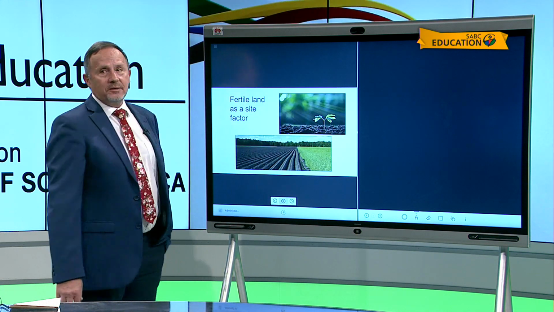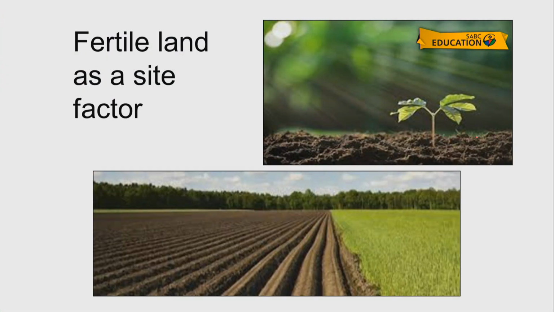The third reason is the word fertile. Fertile is a difficult word. Even in trying to find a good image for you to understand that, my understanding of fertile is it's good land to grow in. So this picture here showing the plant just sprouting out of the ground, you can get infertile land, which is the opposite of fertile.